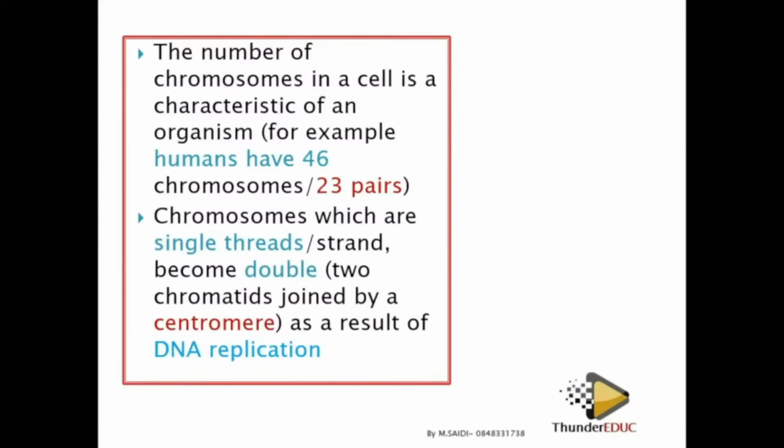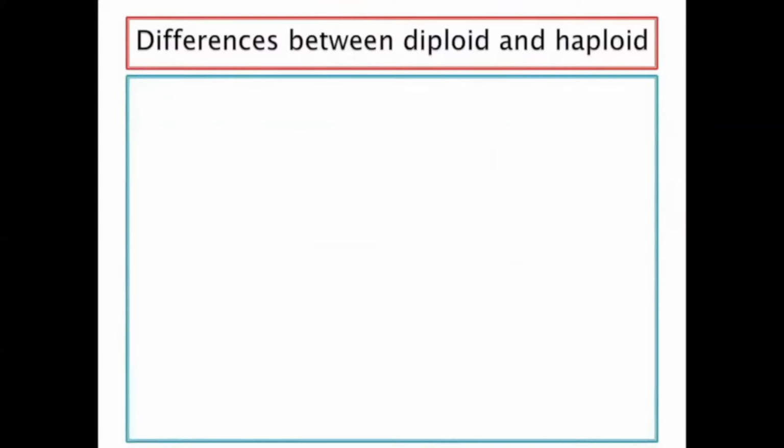So what are some of the differences between haploid and diploid? Di means two, ploid means you are describing a body. Haploid is derived from the word half: half the chromosome number. If a human being is supposed to have 46 chromosomes, when the structure is haploid, it has half the chromosome number of that organism.